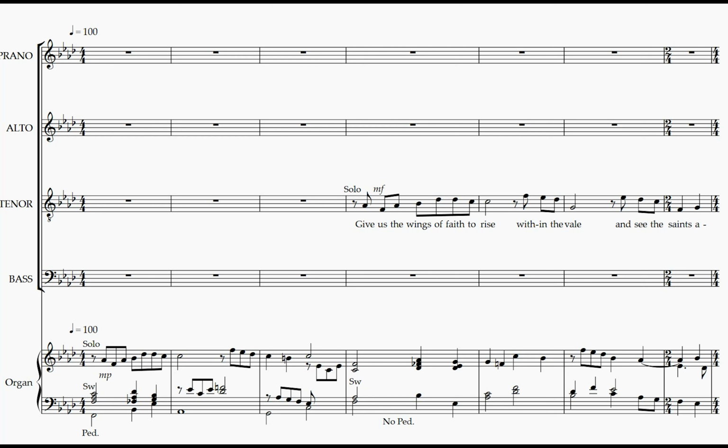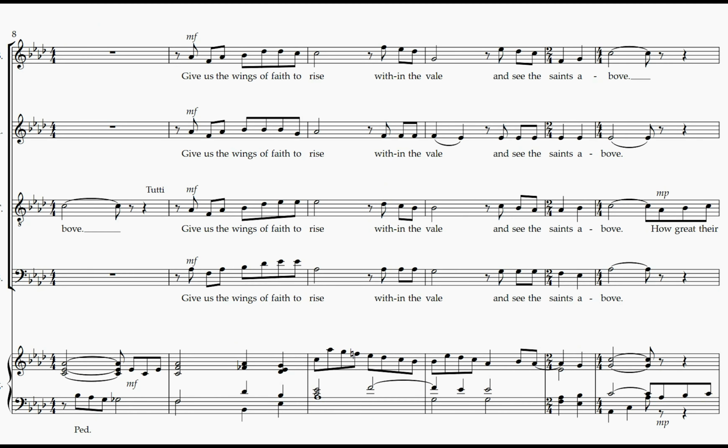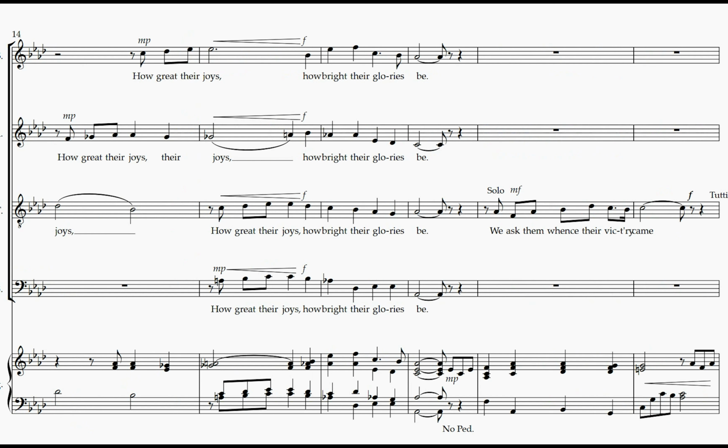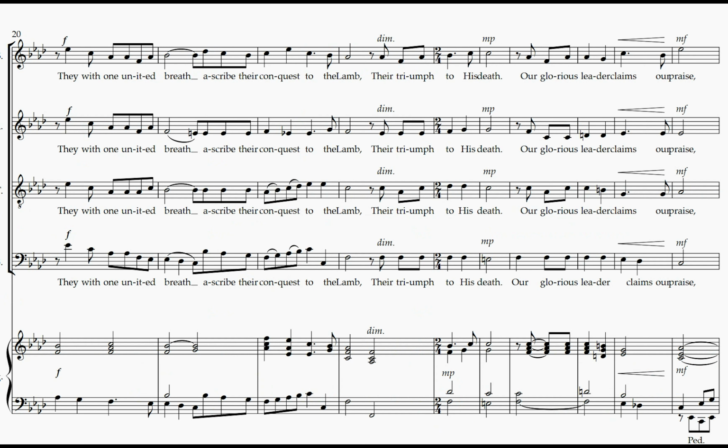Give us the wings of faith to rise within the veil and see the saints above. Give us the wings of faith to rise within the veil and see the saints above. How great their joy, how bright their glories be. We ask them whence their victory came. They with one united breath ascribe their conquest to the Lamb.